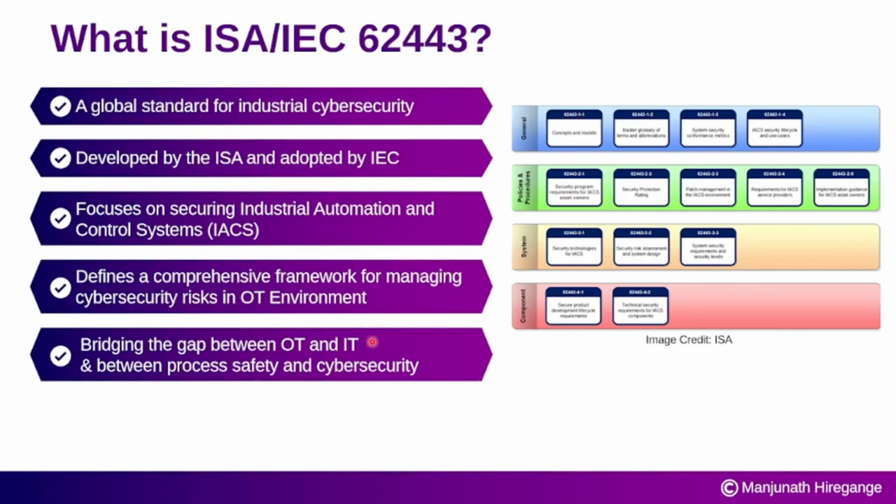And also between process safety and cybersecurity, because in industrial environments, safety and security are deeply connected, and both are equally important. In short, you can say IEC 62443 is the go-to standard for anyone serious about protecting industrial systems from evolving cyber threats.